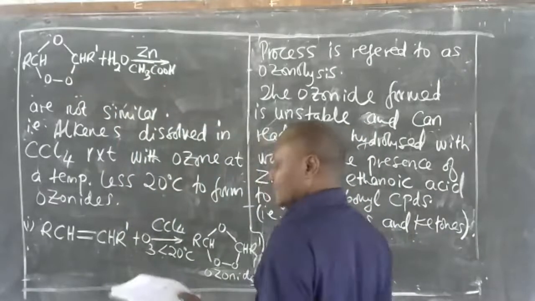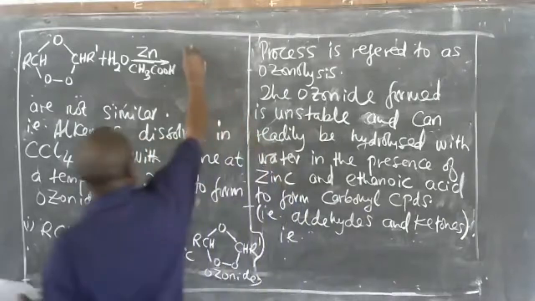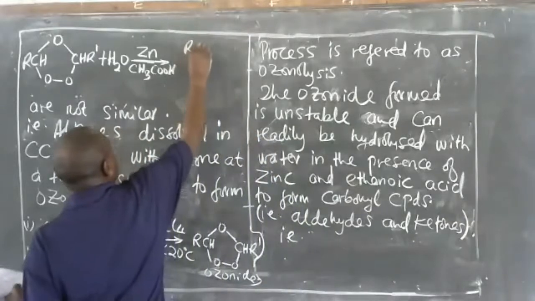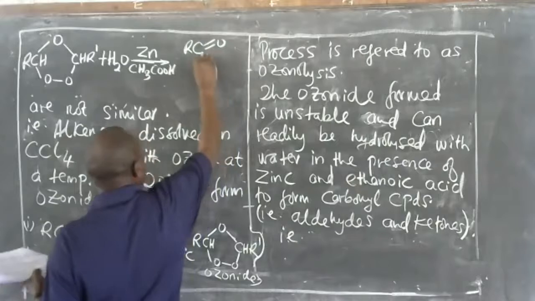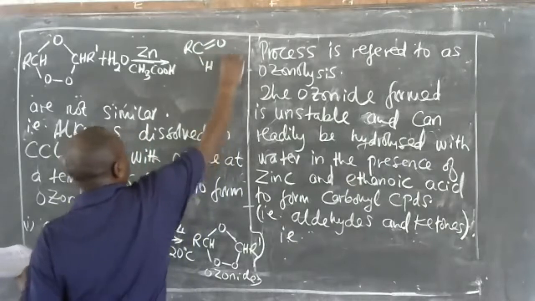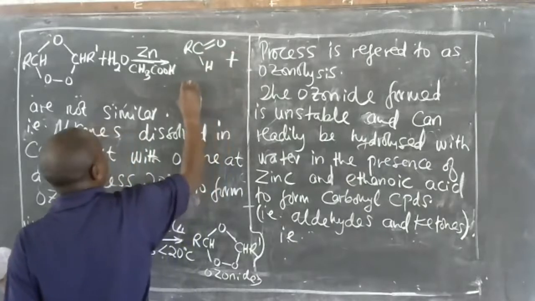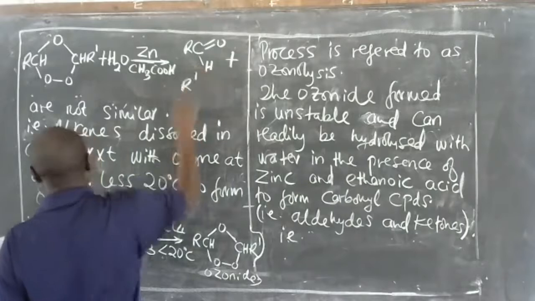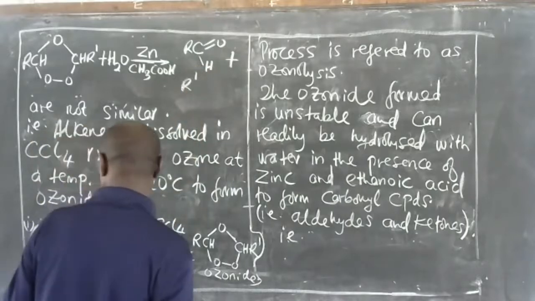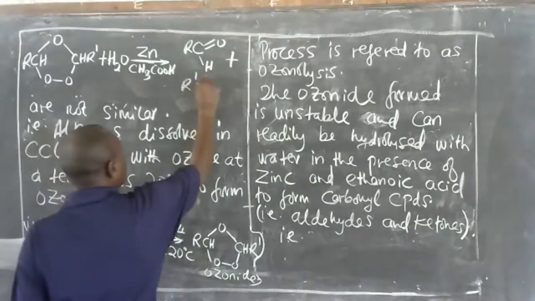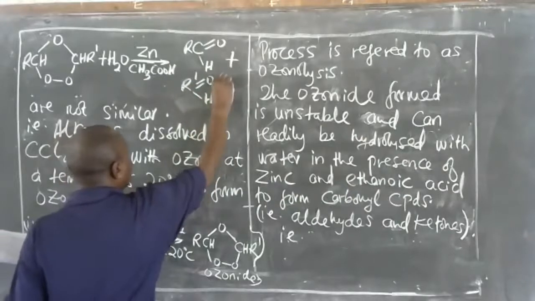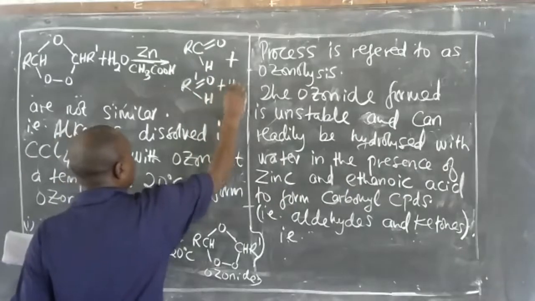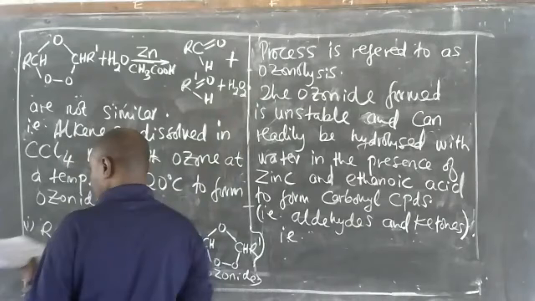Two aldehydes. So we're going to have R C double bond O H plus R prime CHO and then plus hydrogen peroxide.